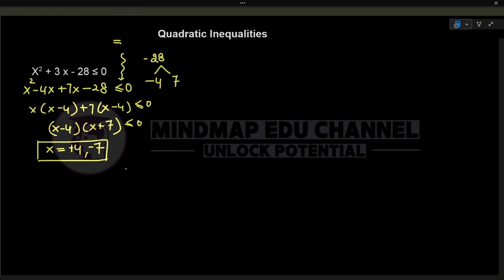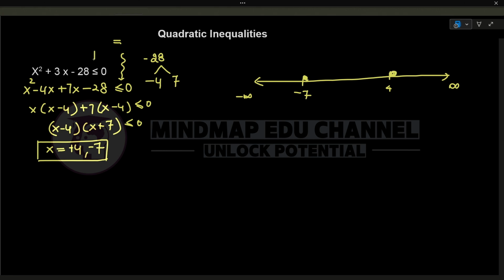Now let's plot this on a number line. Here it's minus 7 and 4. Left hand side we have minus infinity, right hand side plus infinity. Now over minus 7 and over 4 we will have a closed circle. Why?